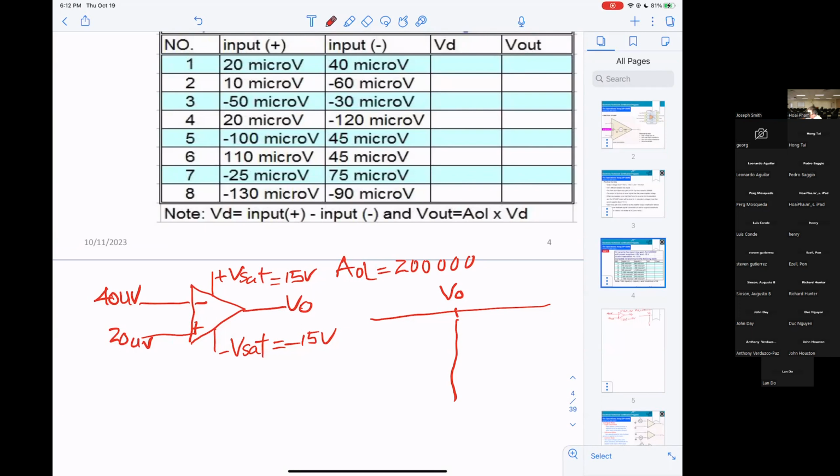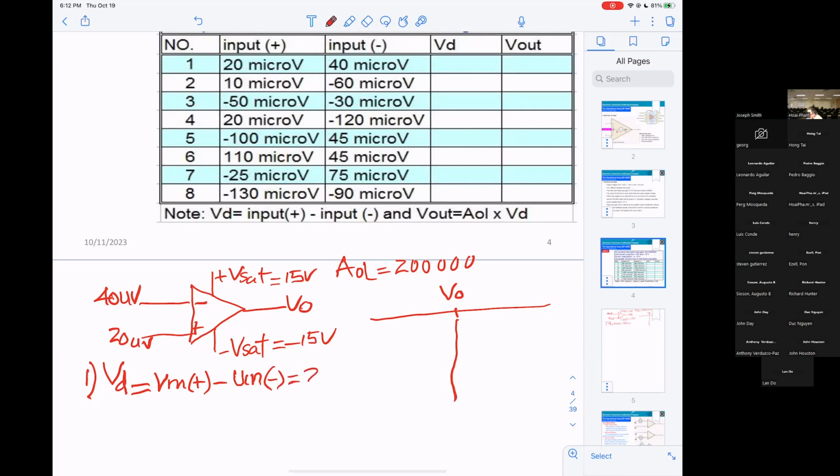If you calculate number one, VD, what is VD? Differential voltage equals V in positive minus V in negative.